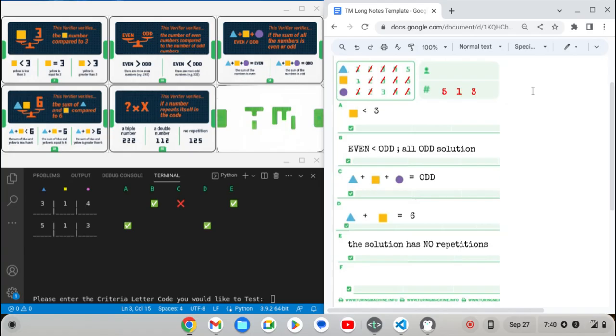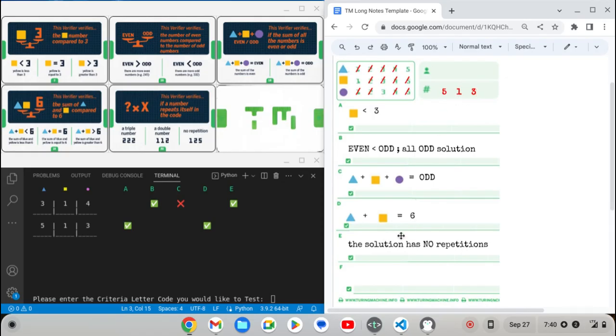And so let's quickly review. Is the middle digit square less than 3? Yes, it is. It's 1. Do we have more odds than evens? Yeah, they're actually all odd. Is the sum of the 3 odd? It sure is. That's 9. The first 2 sum up to 6. They do.